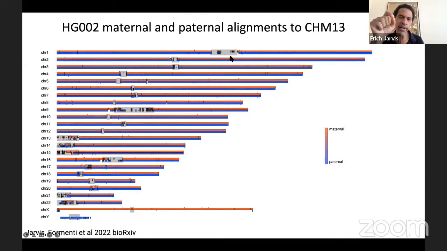And these gray zones here are telomeres. It's not actually that they're missing in this HG002 assembly, it's that they're so divergent between HG002 and CMH13, and also within HG002, that they don't align well. And so that was an interesting discovery in both CMH13 and HG002.